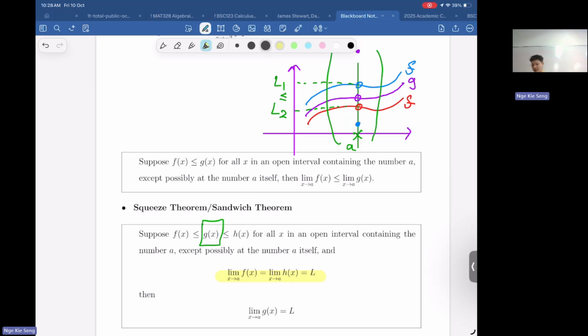At x equals a, the limit of f and h, the two bread, have to be equal when x goes to a. Can you translate that to the picture? What could happen?